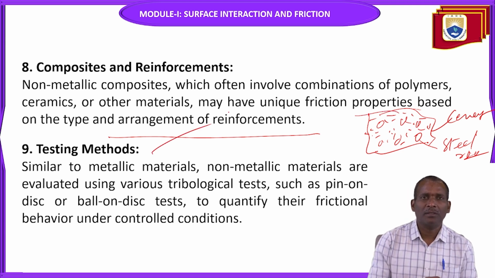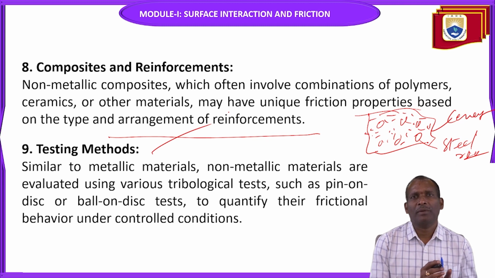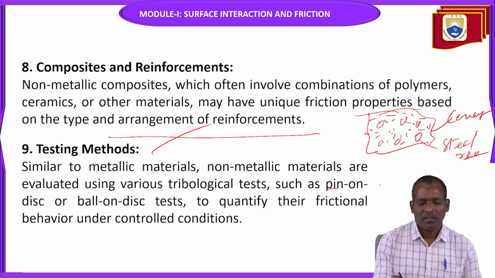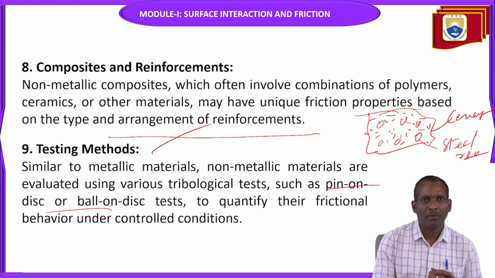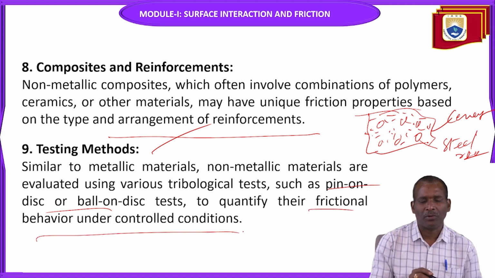Another one is testing methods. Similar to metallic materials, non-metallic materials are evaluated using various tribological tests, such as pin-on-disc, which we have already discussed in a previous slide, and ball-on-disc test to quantify their frictional behavior under controlled conditions.